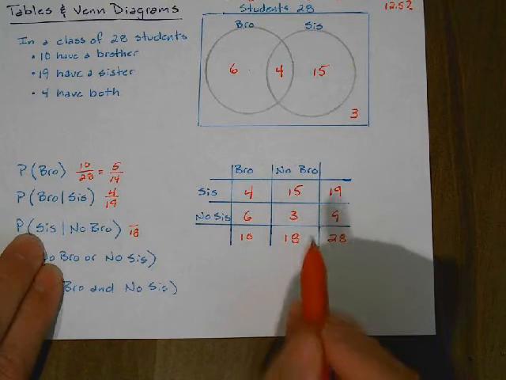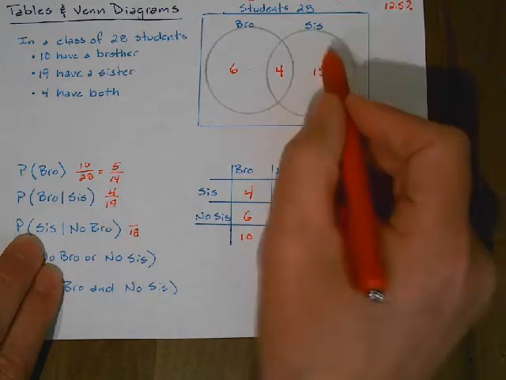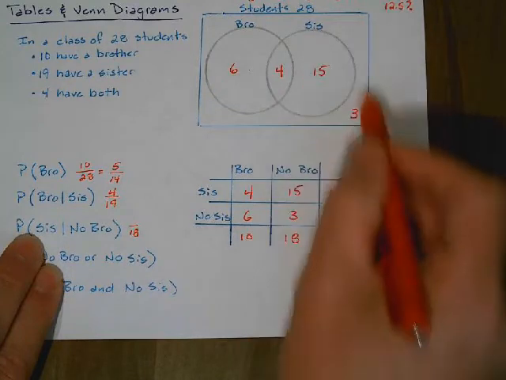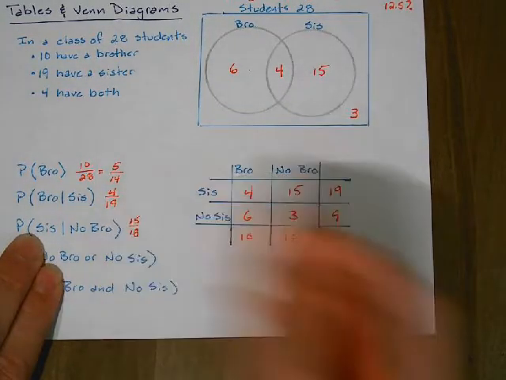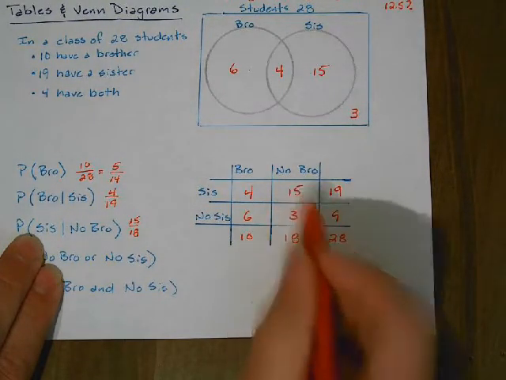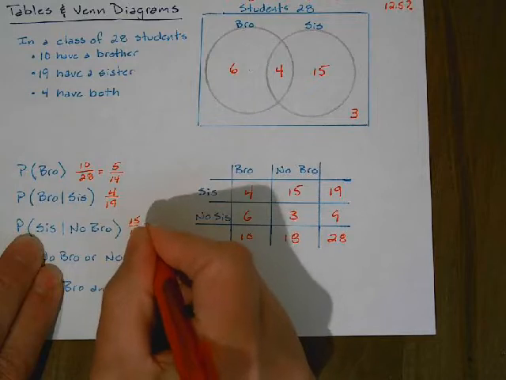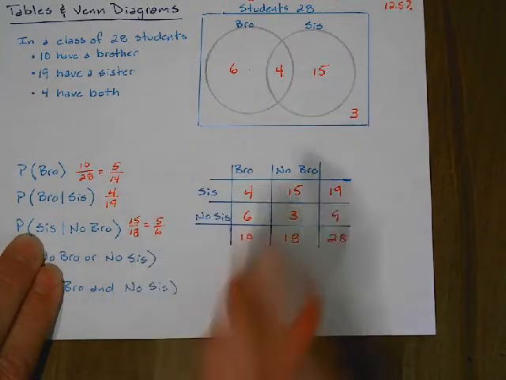And we want to know of those 18, how many have a sister? Well, over here, of these 18, how many have a sister? These 15 do. We see that same number over here. Of these that have no brother, how many have a sister? 15. This can reduce. 3 goes into both of these, so this is 5 out of 6.